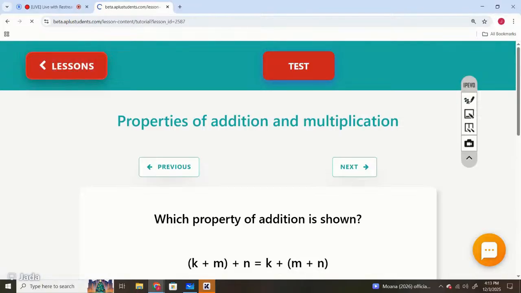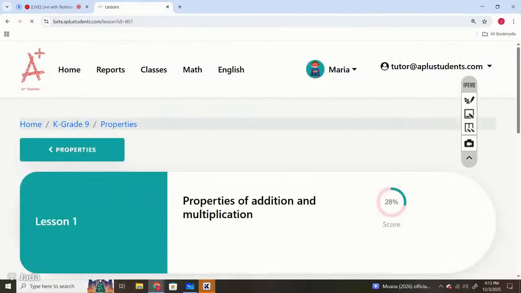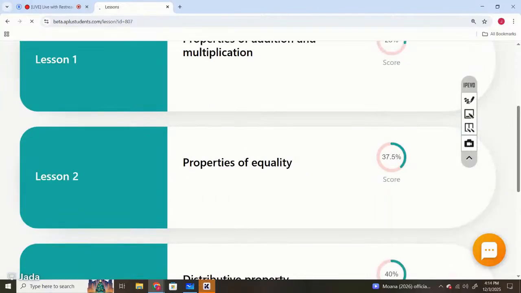The next lesson is properties of equality.